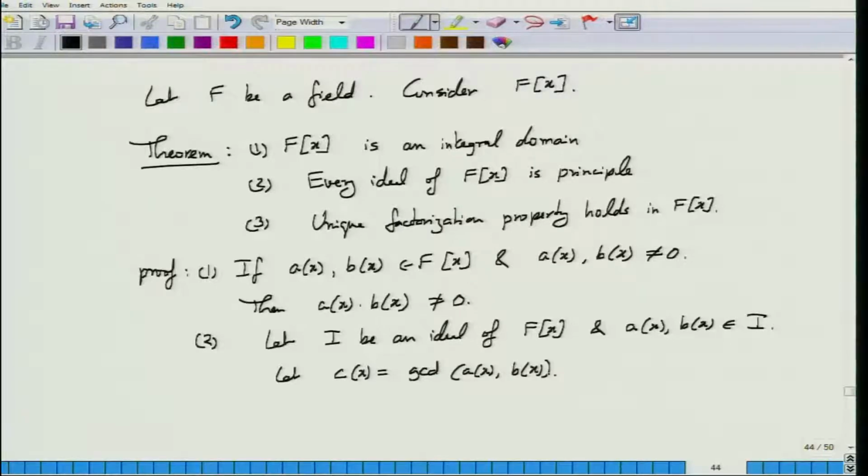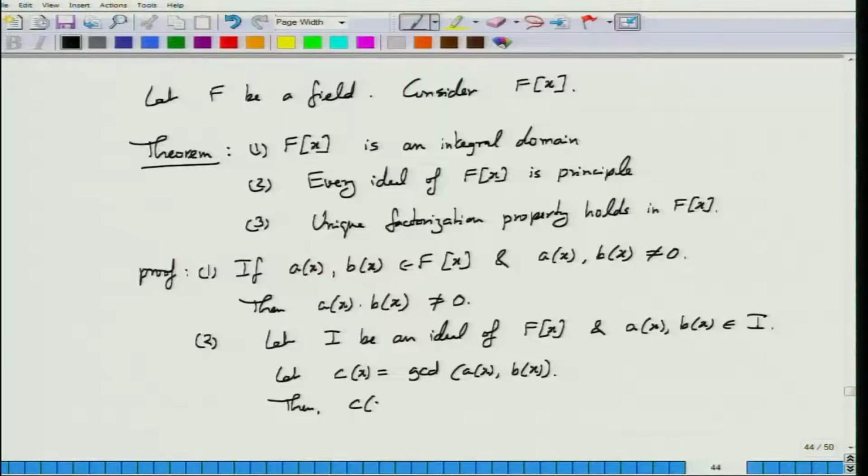Now we have this operation available in F[x] over polynomials, which is taking the GCD of two polynomials. Just like we can take the GCD of numbers, we can take the GCD of polynomials. Let that be C. Then C divides A(x) and B(x) both.